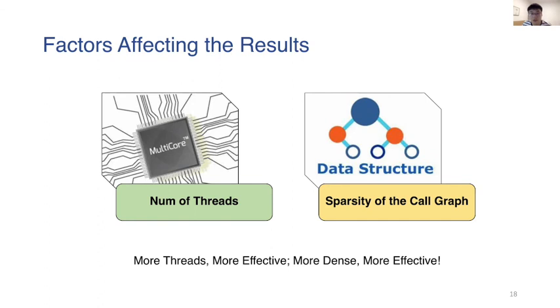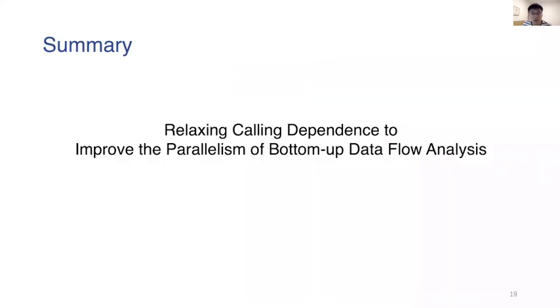Second, the effectiveness of our approach is also affected by the sparsity of the call graph. Recall that our pipeline approach relaxes calling dependence to improve the parallelism. So if a call graph is very sparse and has little calling dependence, then the benefits of our approach are not that apparent.